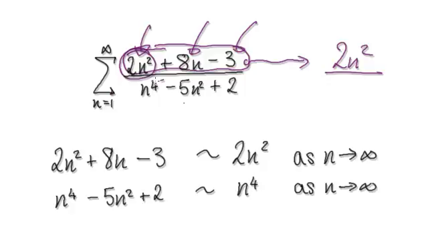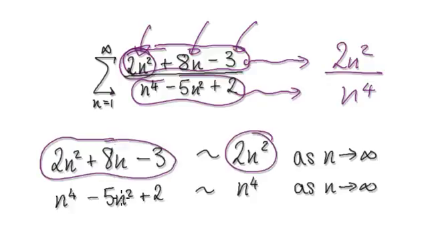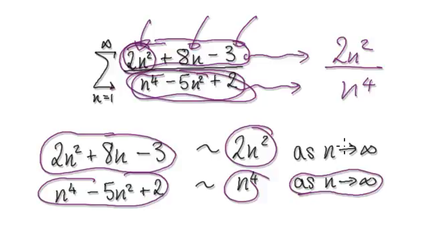Looking at the denominator, this thing here will just become n to the power of 4. So you can see that this thing here is similar to this, and the denominator here is similar to this as n heads towards infinity.